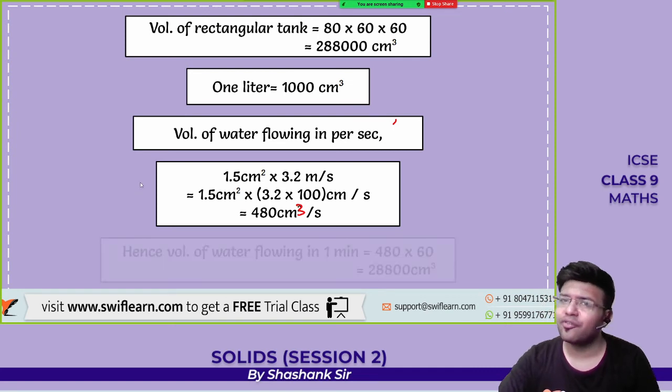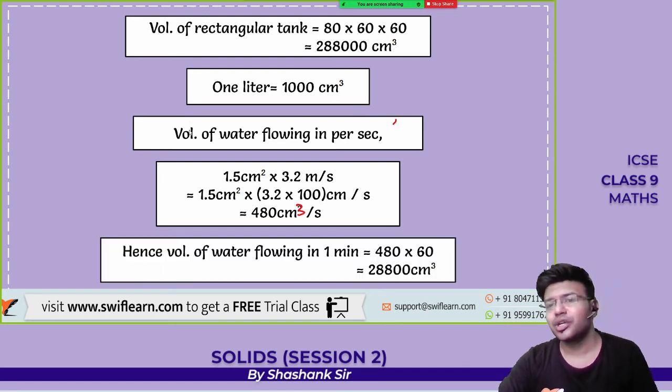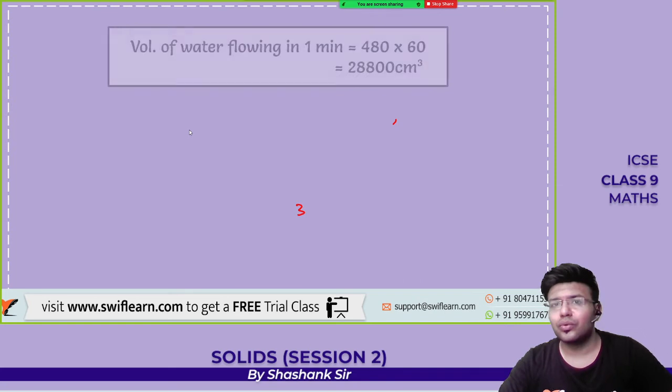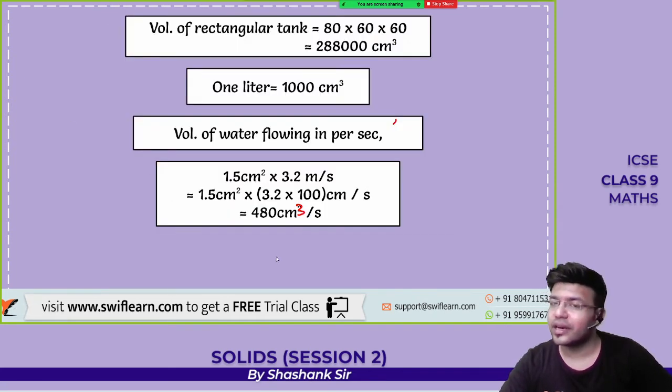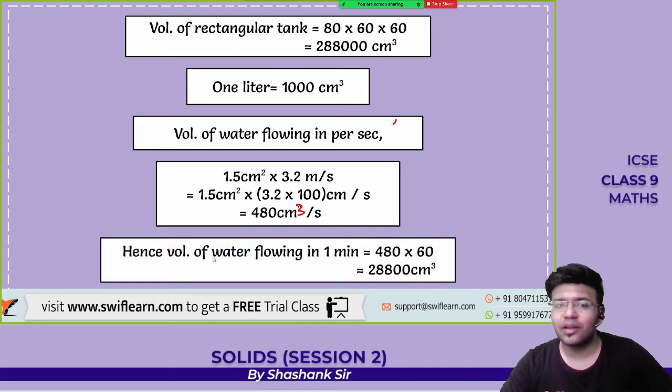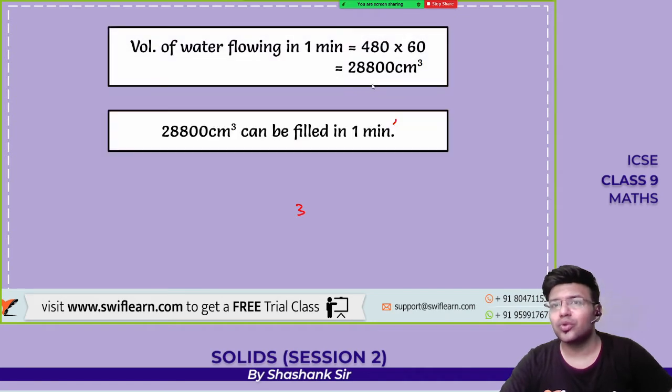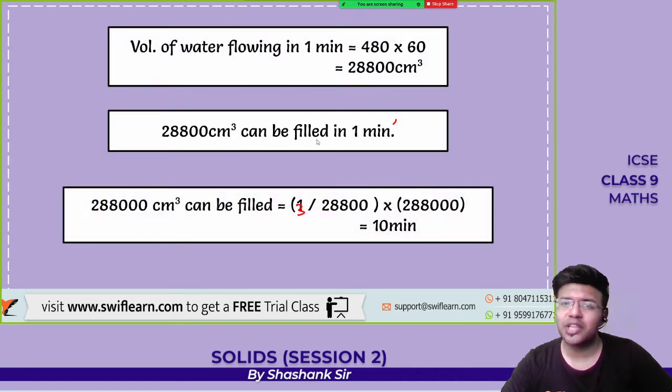Now how much time will it take to fill this much? So what they have done is, we will get the answer in seconds, so hence the volume of water flowing in 1 minute is this much into 60. Now 288,000 centimeter cube divided by this, so this much can be filled in 1 minute.